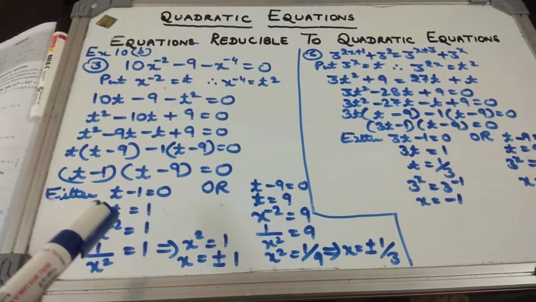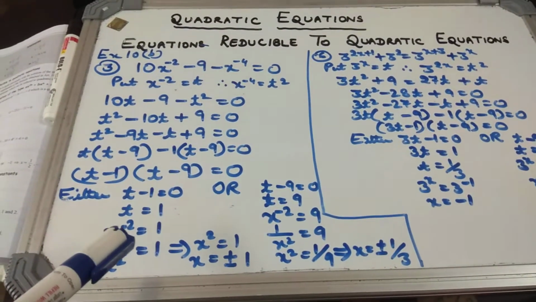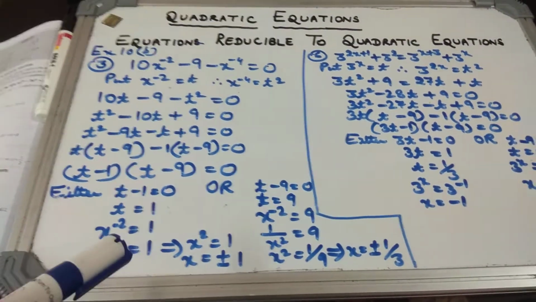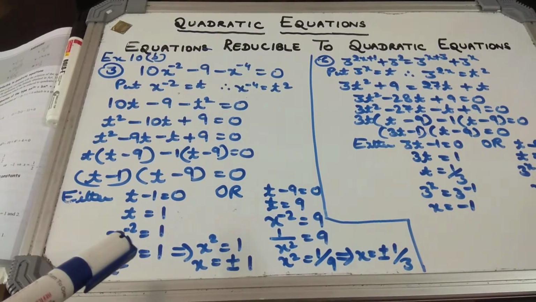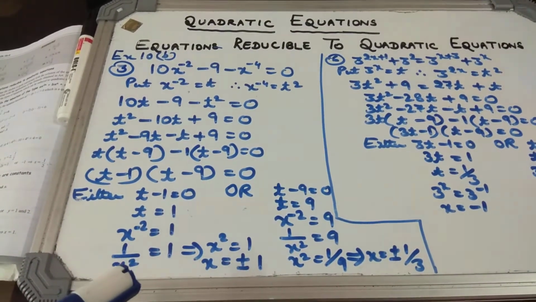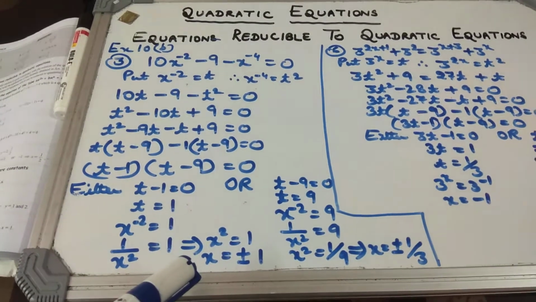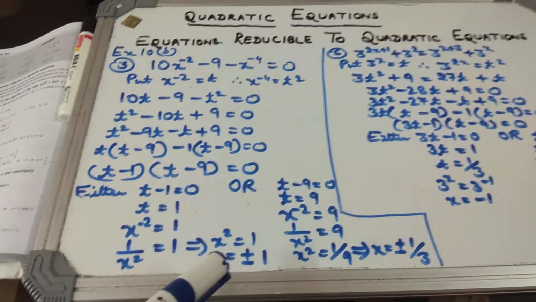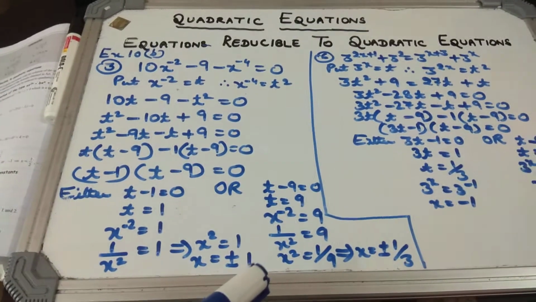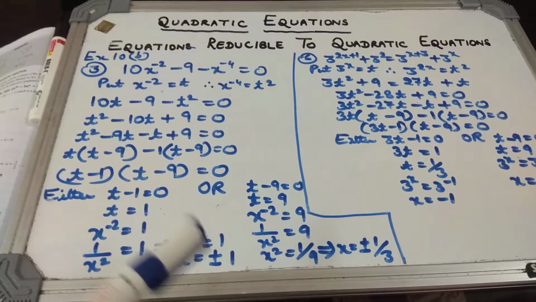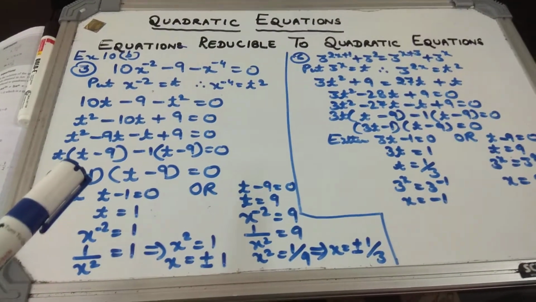So putting t equals 1, you know that t was assumed to be x to the power minus 2. So in place of t, we replace x to the power minus 2 equals 1, which is equivalent to 1 upon x square equals 1. If you simplify, you get x square equals 1, and hence x equals plus minus 1 is your final answer for one part.